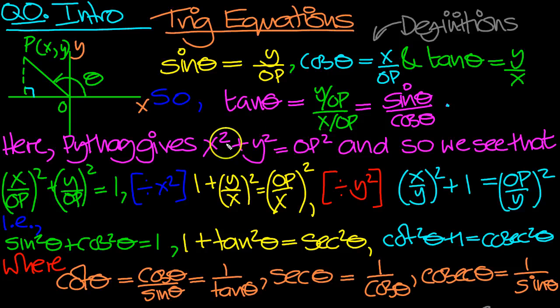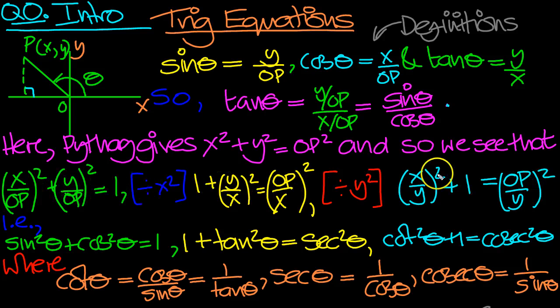If we take this equation again and divide by x squared now, this will be 1, this will be y over x bracket squared, this will be OP over x bracket squared. And similarly, divide this equation by y squared in turn now. This will be x over y bracket squared when you simplify the fraction. This will be 1, and this will be OP over y bracket squared.